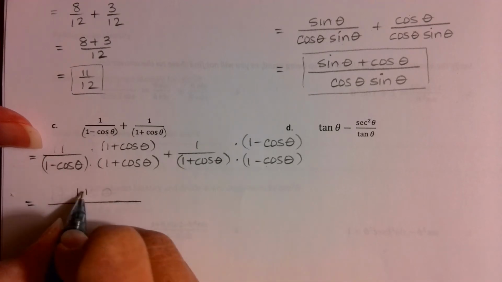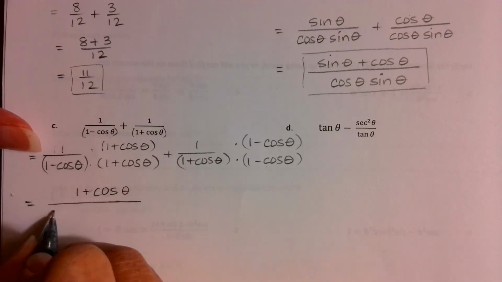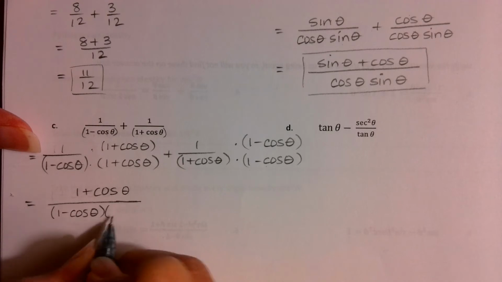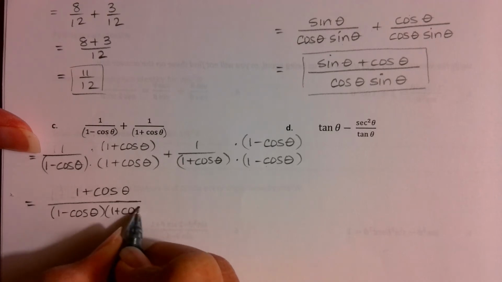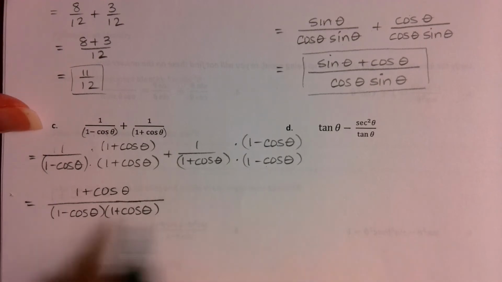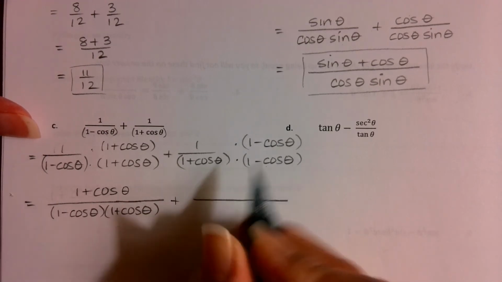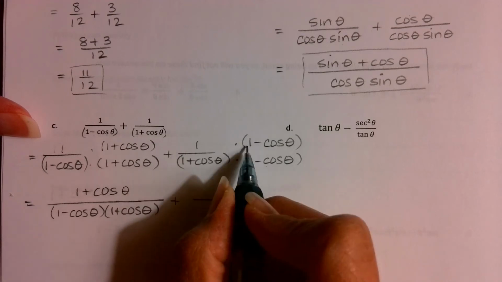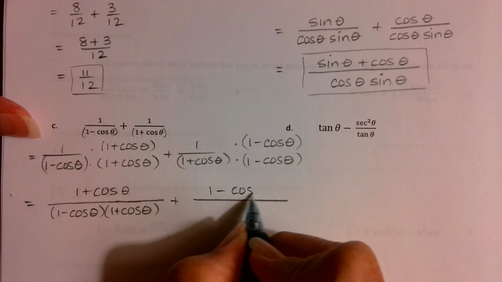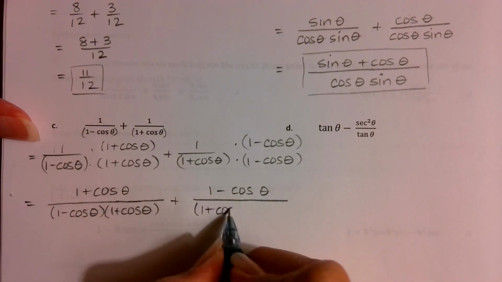So 1 plus cosine theta over, and let's put the denominator 1 minus cosine theta and 1 plus cosine theta. I'm going to keep the denominators with parentheses, and then I'm going to do the same thing over here. The 1 times this binomial also will just keep the same. Then I'm going to bring down 1 plus cosine theta.